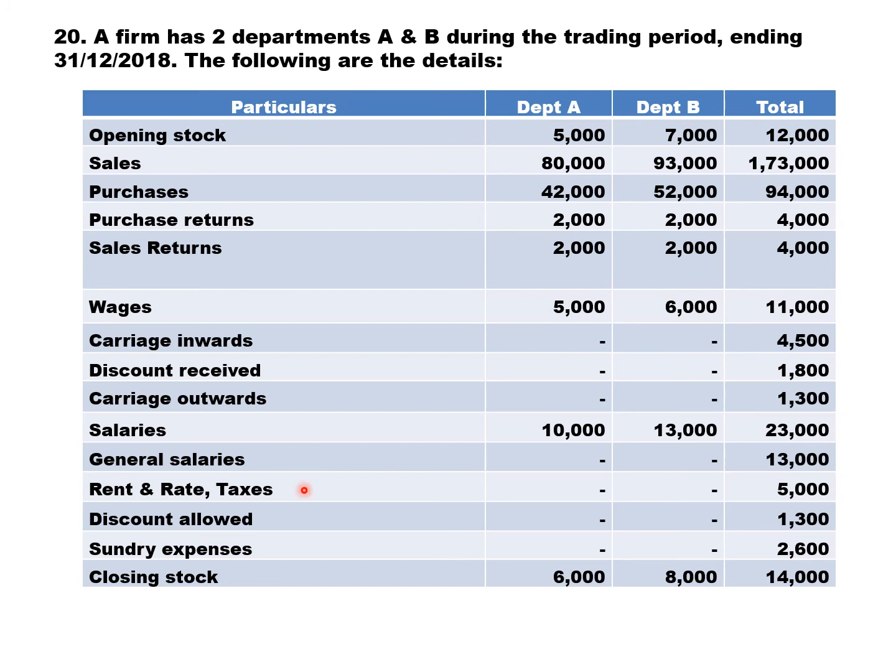Rent and tax to be distributed in sales ratio, or it may be distributed on the basis of space occupied, whatever information is given in adjustment. Let us see. Discount allowed to be distributed in sales ratio. Sundry expenses to be distributed in sales ratio, and closing stock of department A and B.